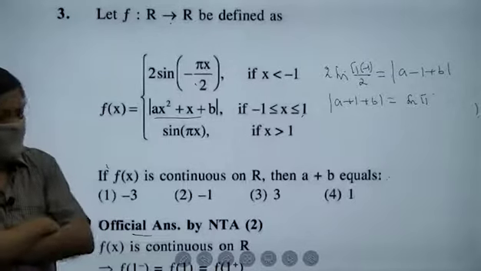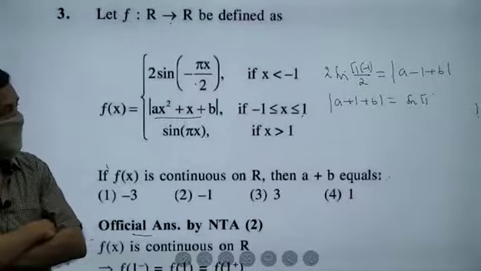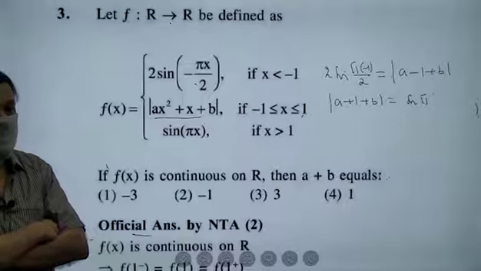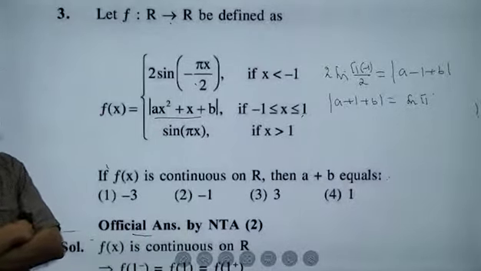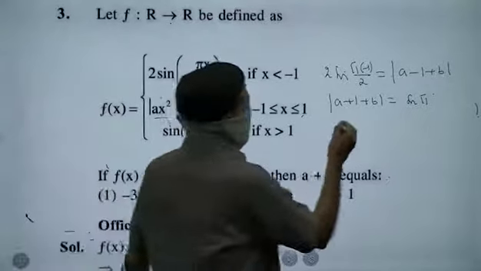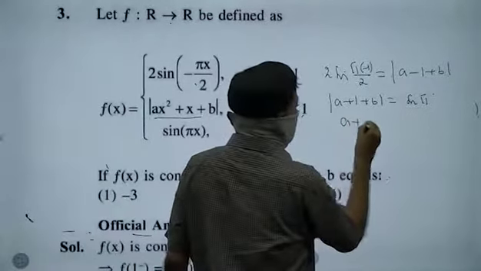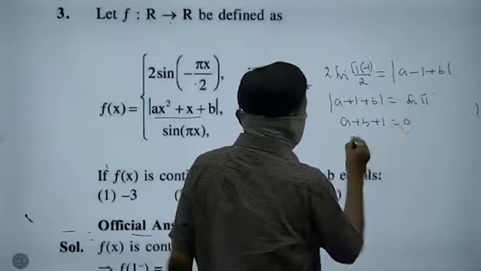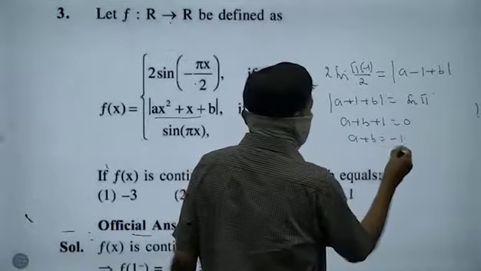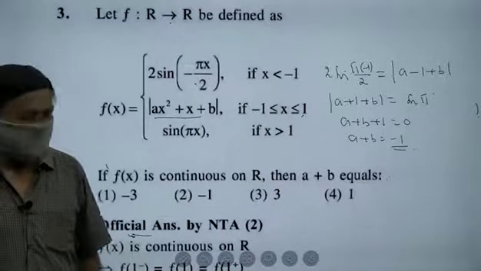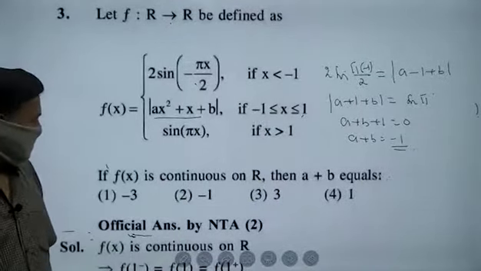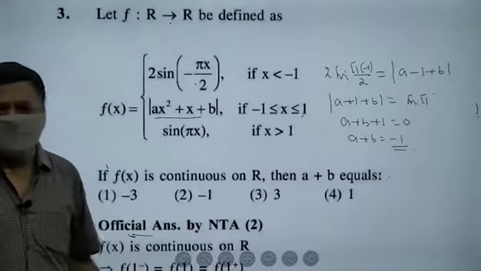Come on, write that down. The second one will give you a plus b plus 1 is equal to 0. So a plus b is what? Minus 1. The second one directly will give you your answer.